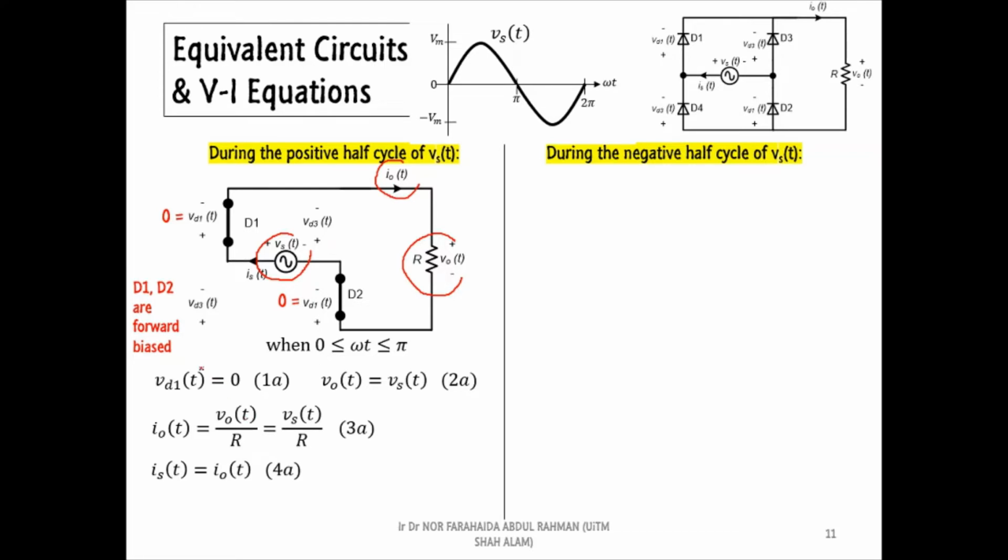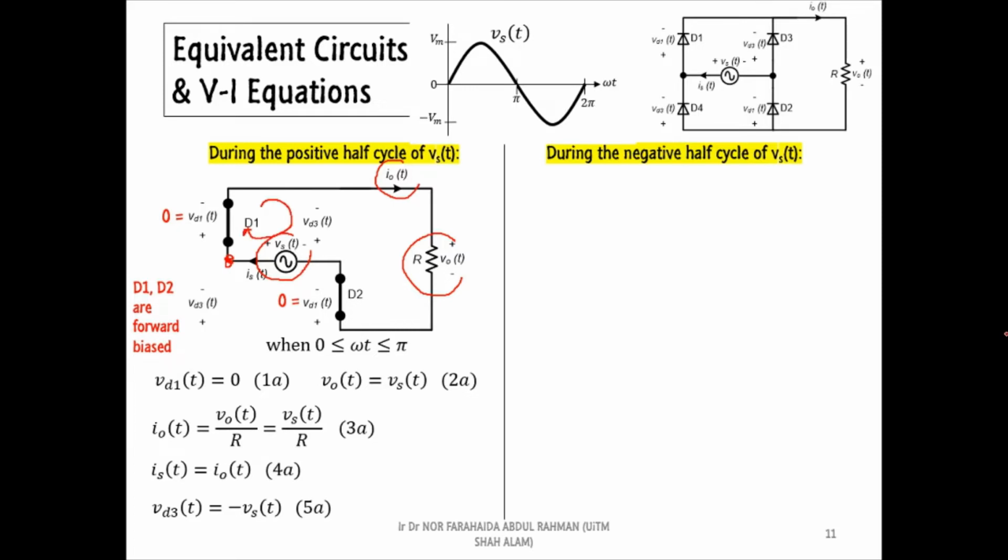The KCL is applied at this point. Lastly, we can obtain the voltage across D3 and D4 by applying Kirchhoff's law or KVL inside this loop.